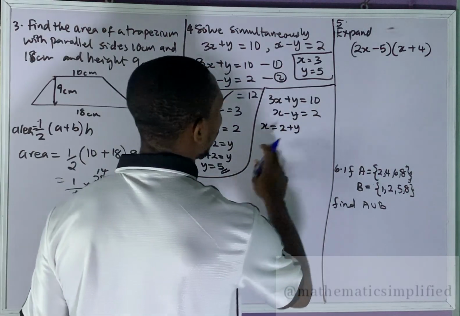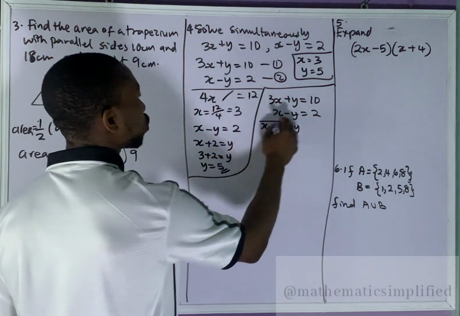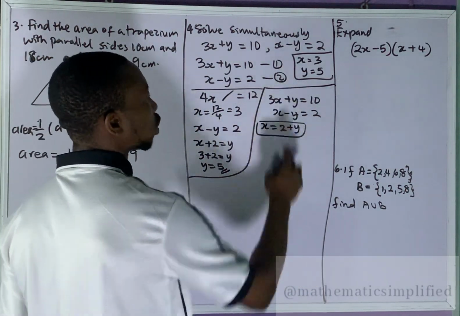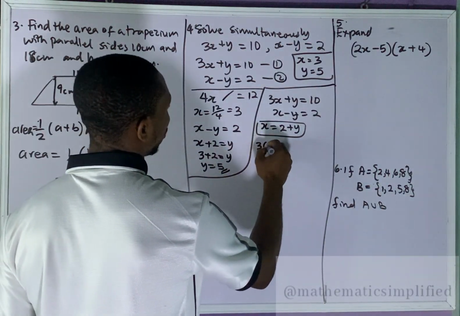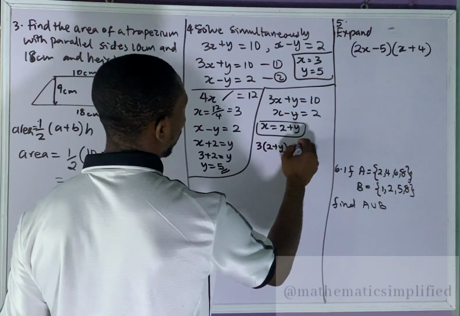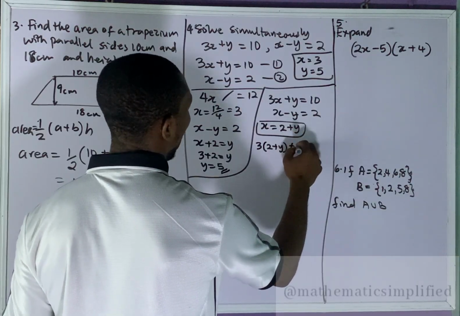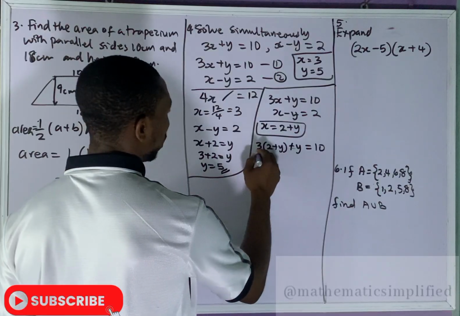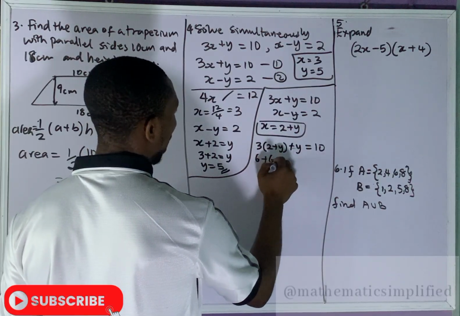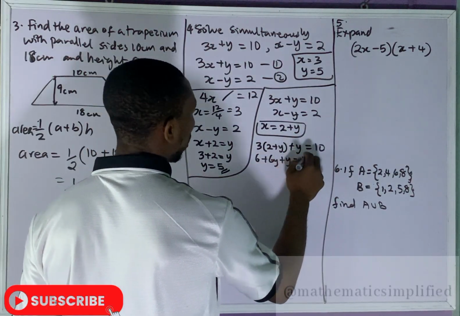Now we'll substitute this x equals 2 plus y into equation 1. So this becomes 3 brackets 2 plus y, plus y equals 10. Now 3 times 2 is 6, plus 3y plus y equals 10.